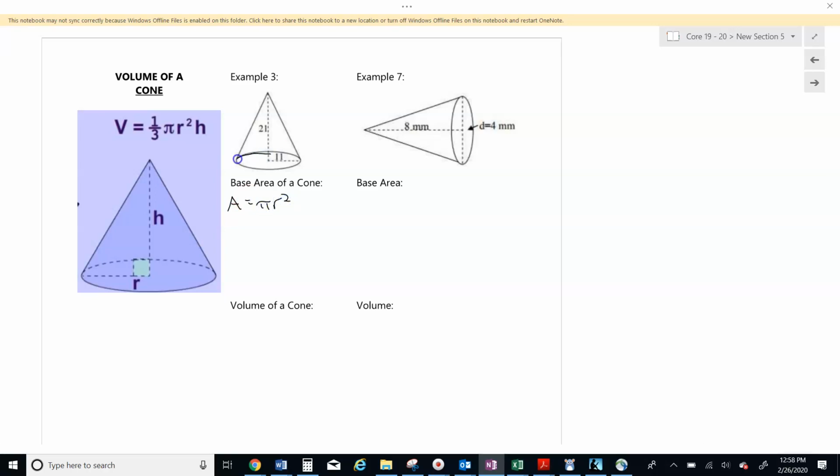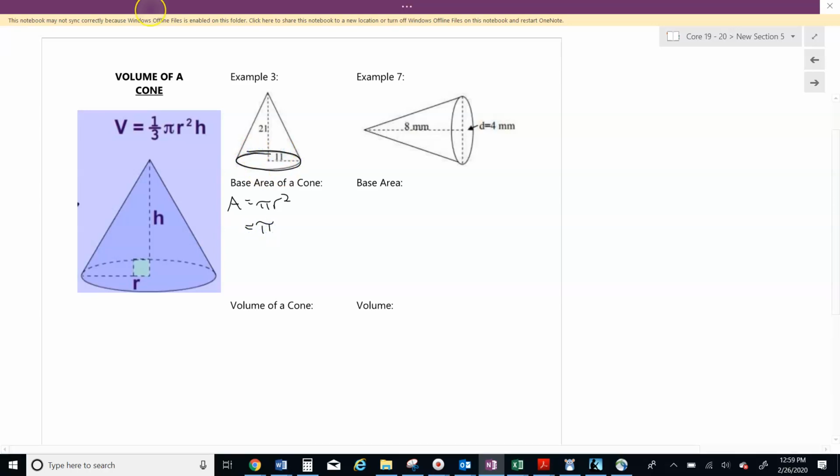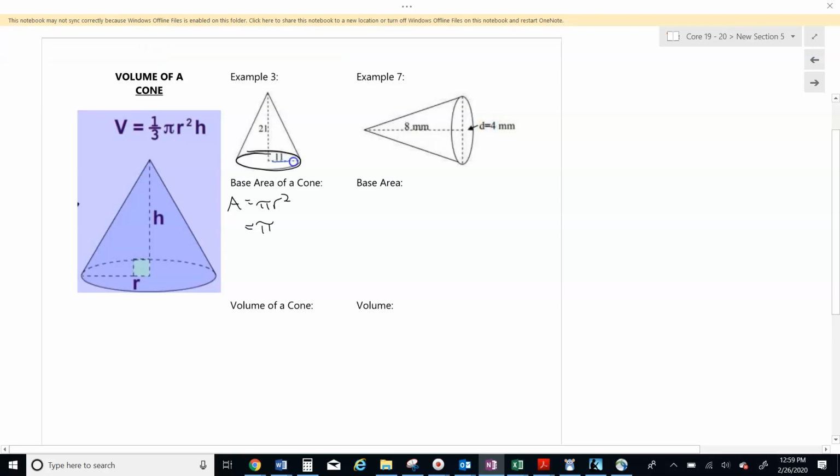So the area is still this circle. My r here is just halfway across the circle. This is already halfway across the circle. I added parentheses this time. Doesn't really matter. So then 11 squared is 121. And this is just units squared.